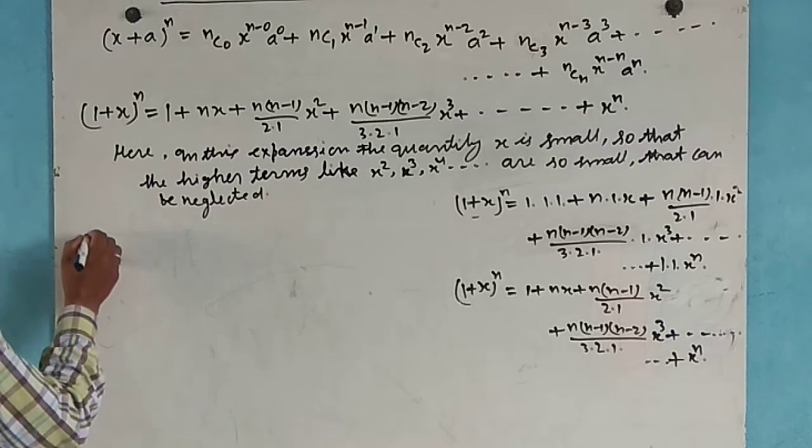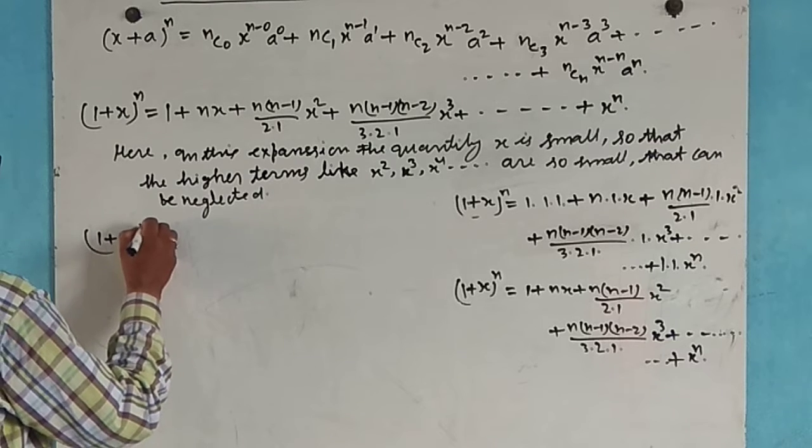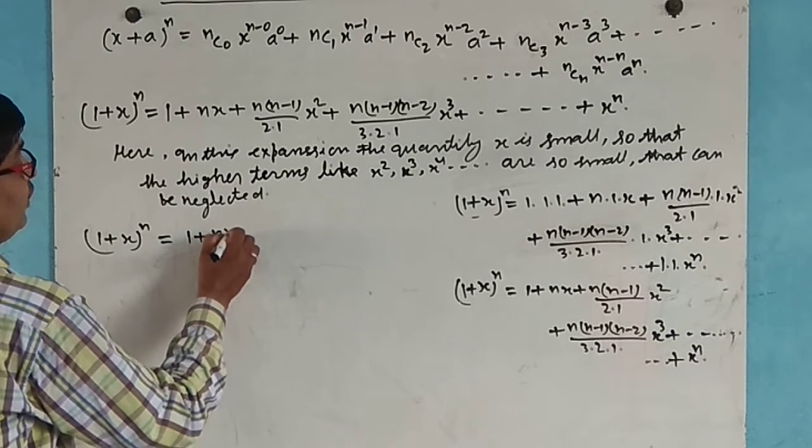So it can be written as 1 plus x to the power n equal to 1 plus nx.